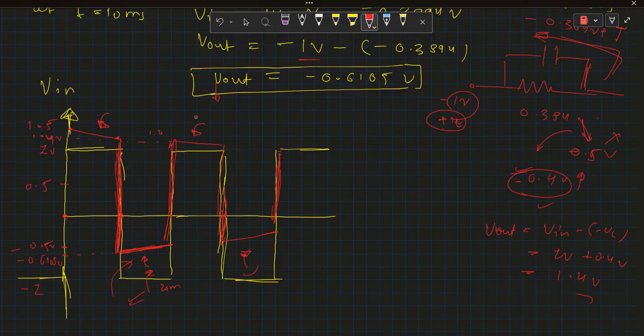Here the capacitor is charging and here the capacitor is discharging. This is the output waveform, but the charging of the capacitor is like this and the discharging of the capacitor like this.